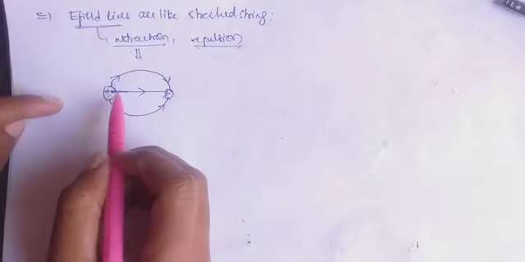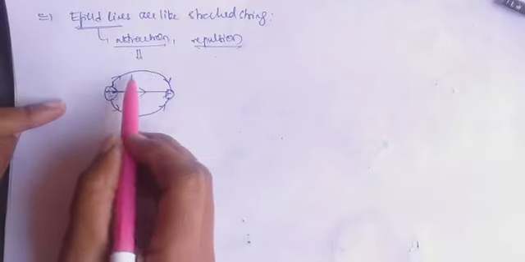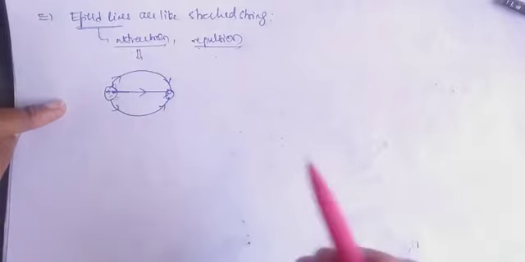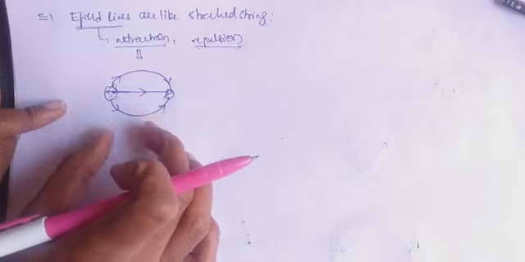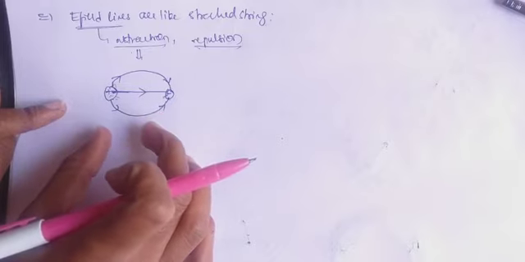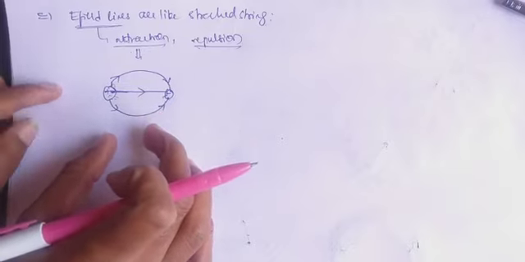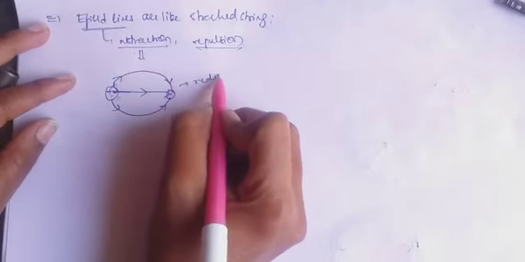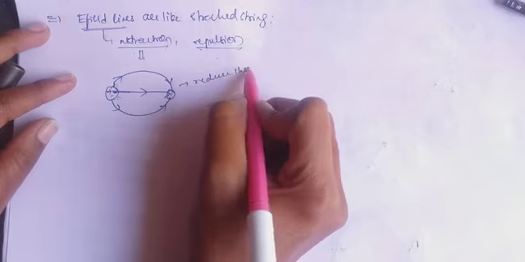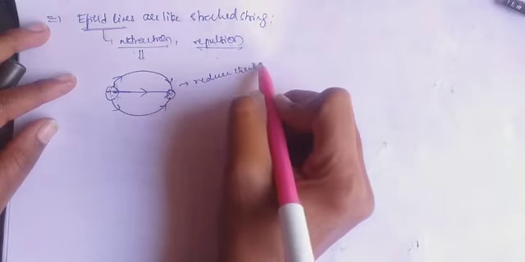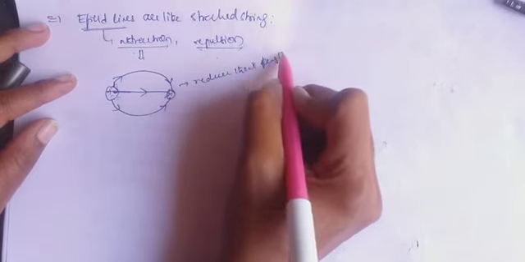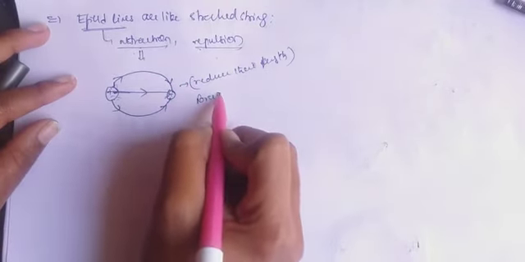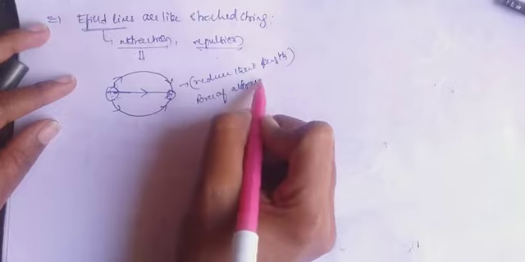So the electric field lines always try to reduce their length, which means they are attracted towards each other. So we get the force of attraction. Electric field lines reduce their length, and this explains the force of attraction between them.